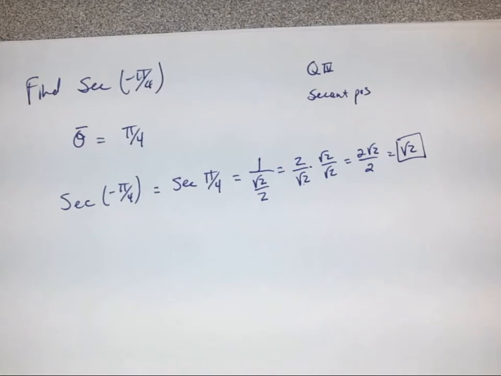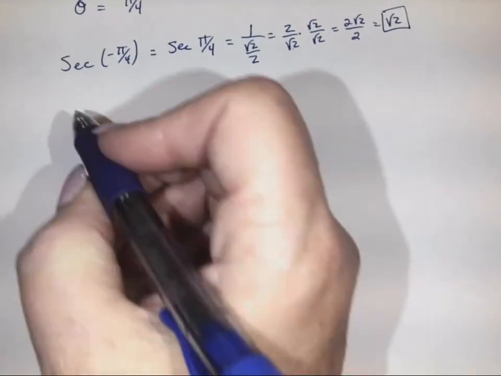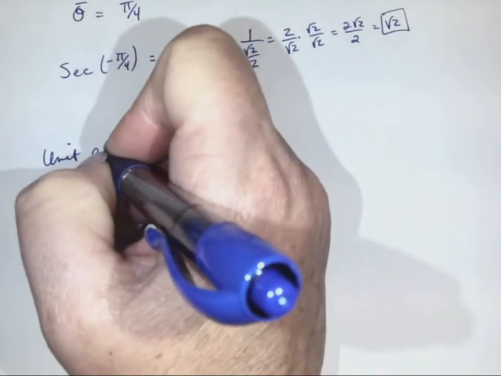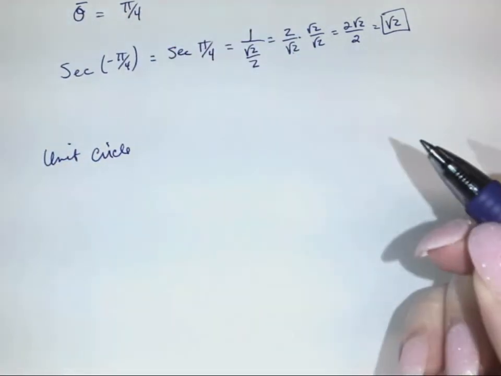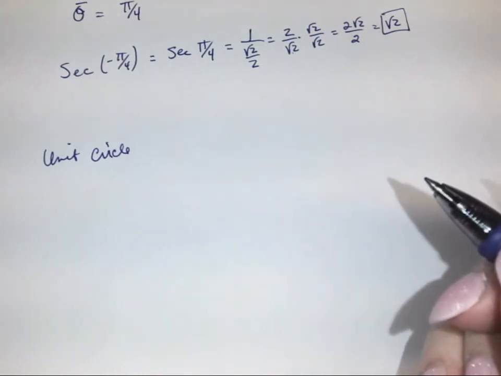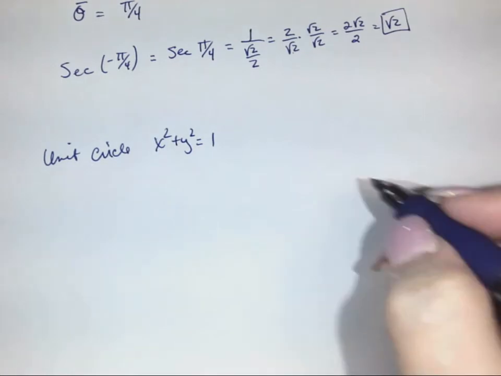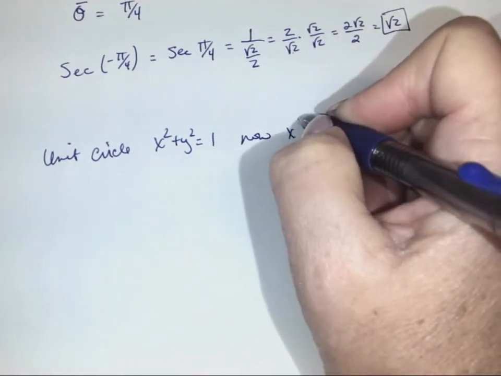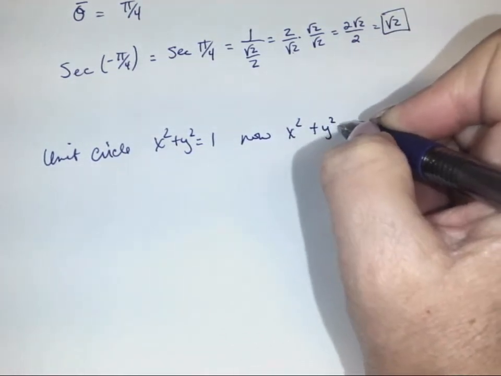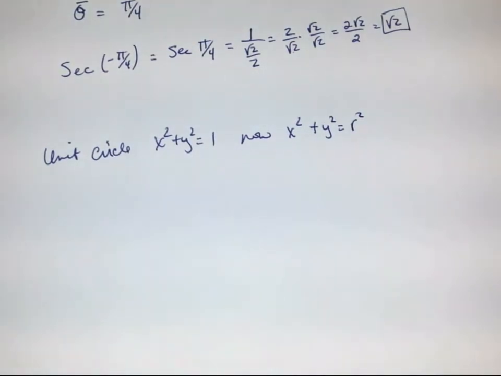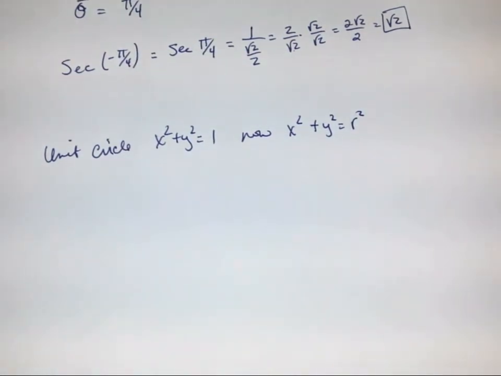All right, so if you recall from our unit circle, we know that x squared plus y squared was equal to 1, but now we can say that x squared plus y squared is equal to r squared. So that's a little bit different of what we have been looking for.